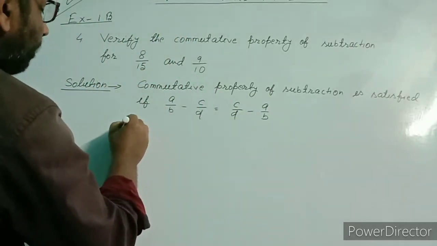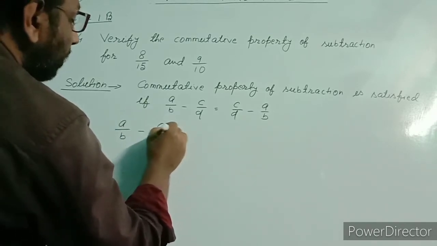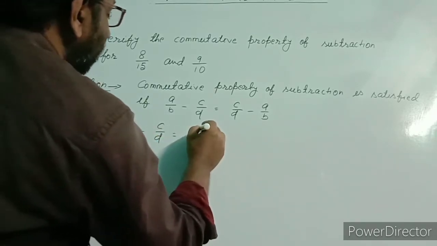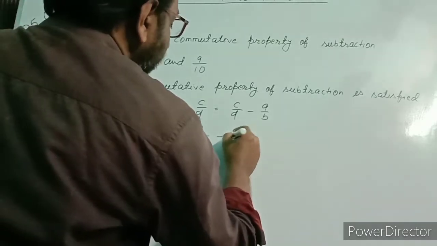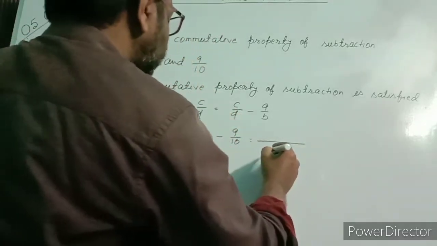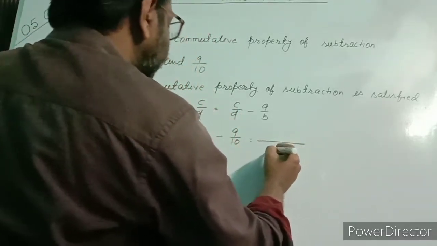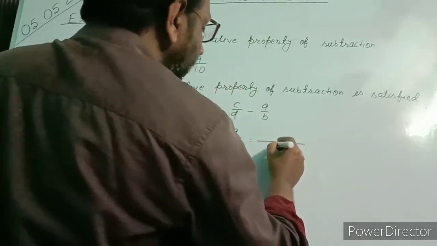At first we find A by B minus C by D. A by B here is 8 by 15 minus 9 by 10, that is C by D. The LCM is 150.